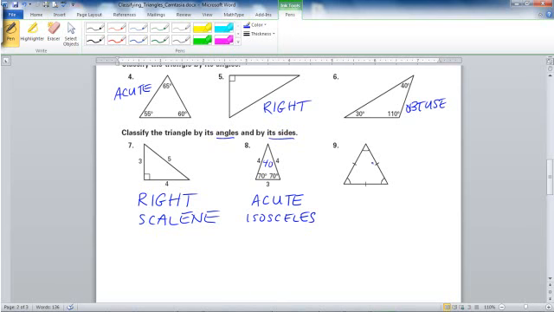And this one has no markings as far as the measurements are concerned, but it does have tick marks, so three sides are congruent, which also brings us to three angles congruent, which is by angles, equiangular, and equilateral.